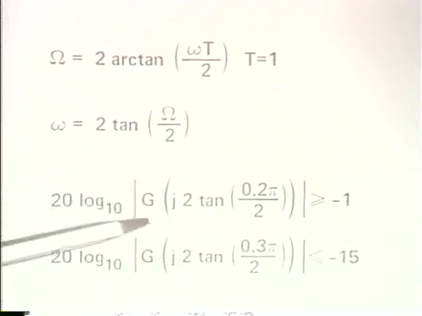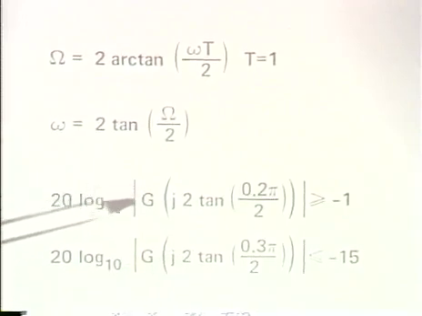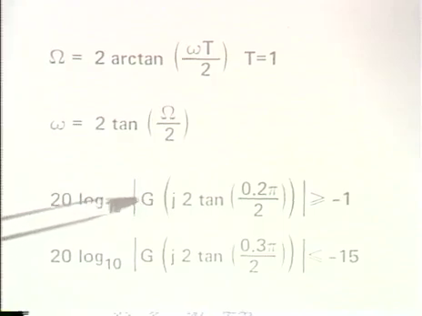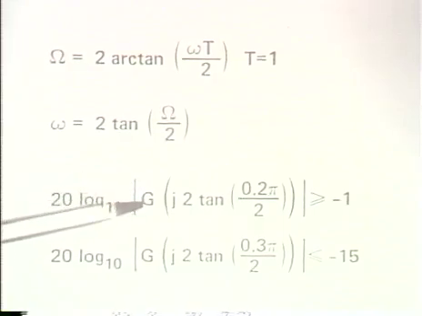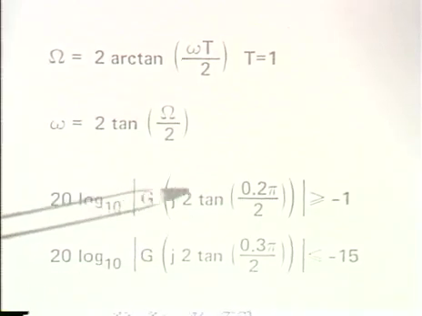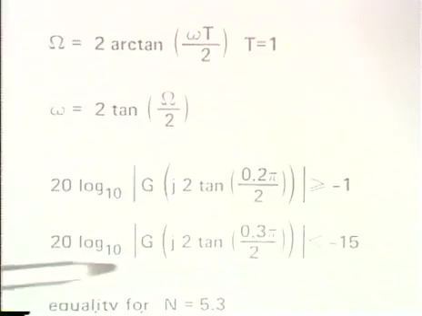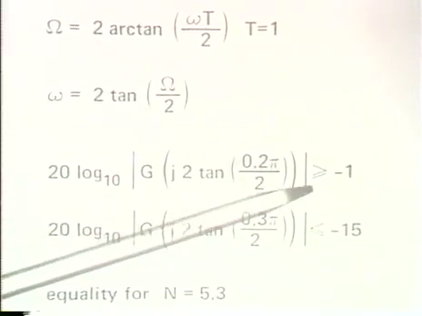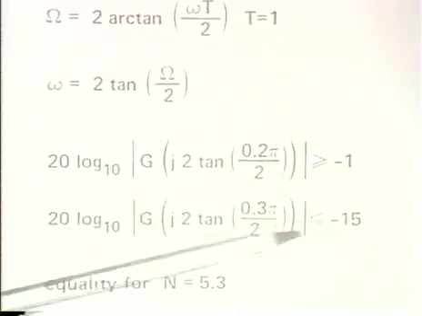And I'm using capital G here to denote the system function for the resulting continuous time filter. And so now we could think of designing a Butterworth filter that, let's say, exactly meets these specifications.